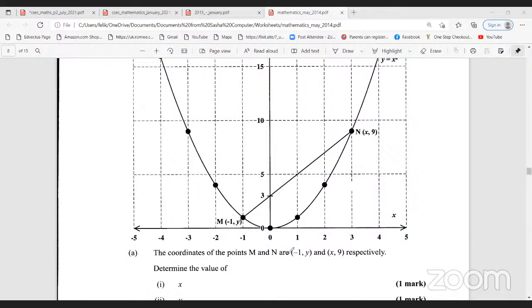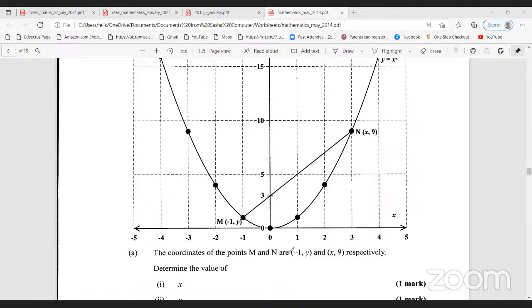Maybe I say 9, but you said determine the coordinates of the points M and N. Here.